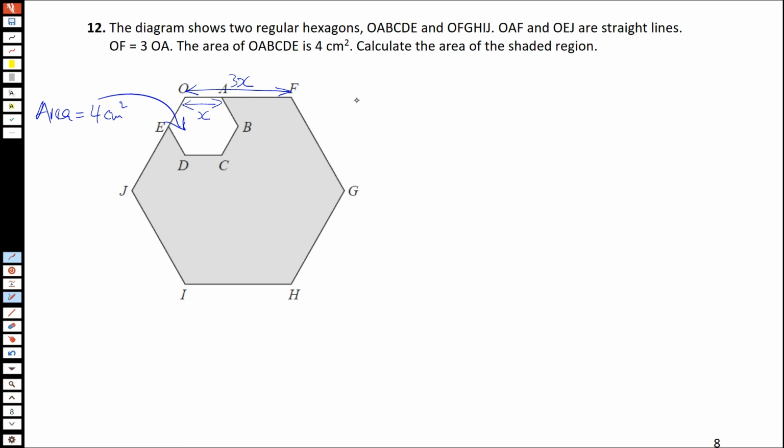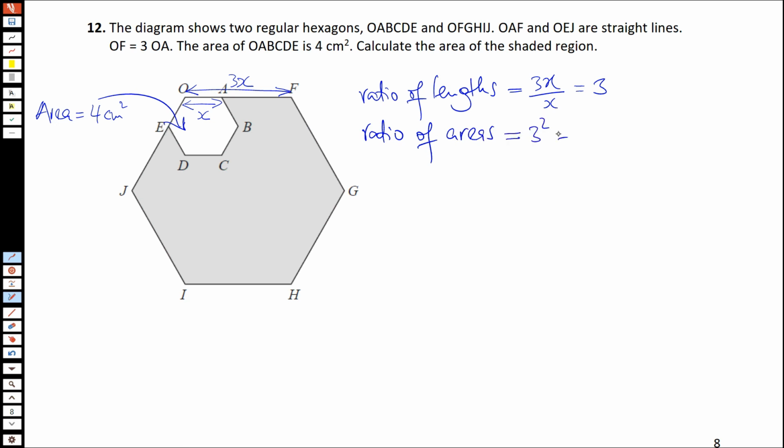So the ratio of the lengths will be equal to 3x over x, which is just 3. The ratio of the areas will be equal to 3 squared, which is 9.